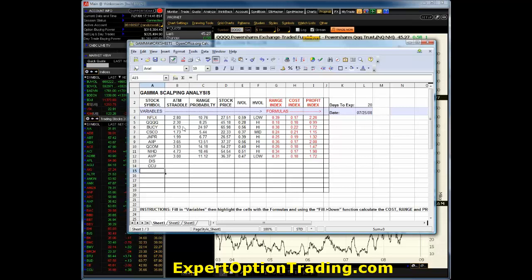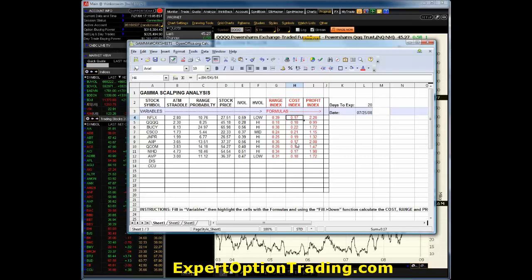The cost index is simply a calculation of the at-the-money straddle divided by the price of the stock, divided by its implied volatility. And we get a relatively low cost index on that because there is quite a low cost compared to the cost of the stock itself.